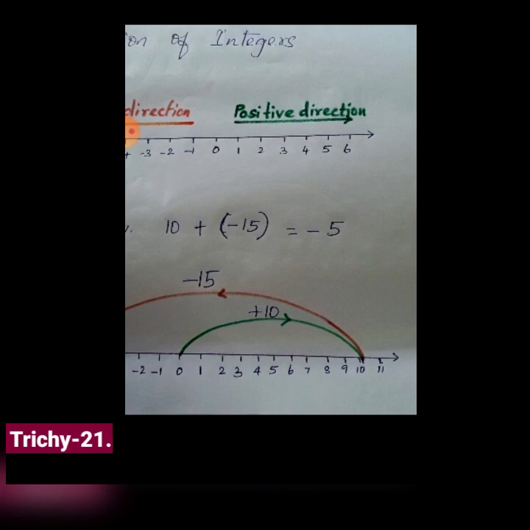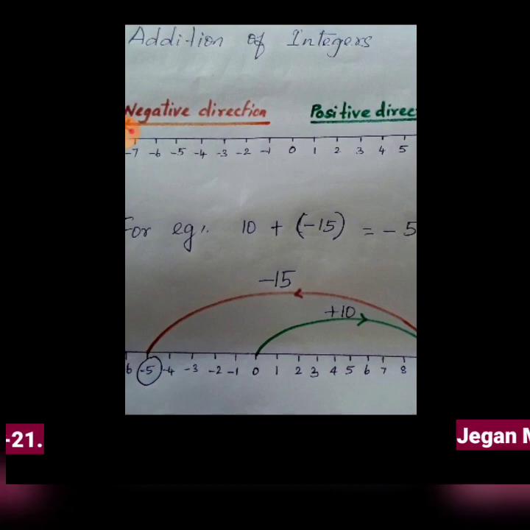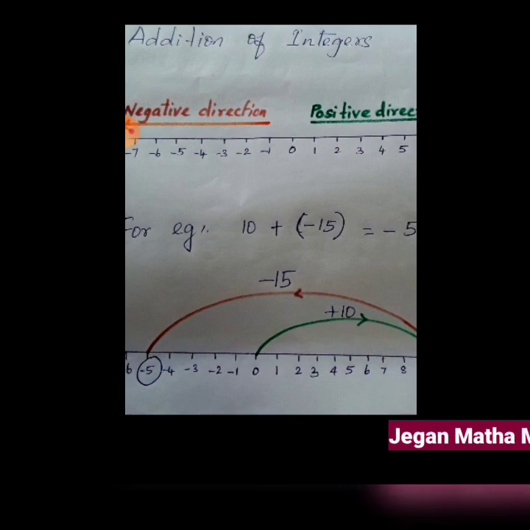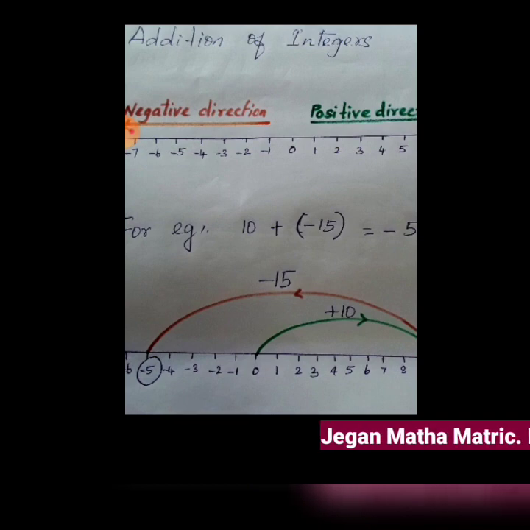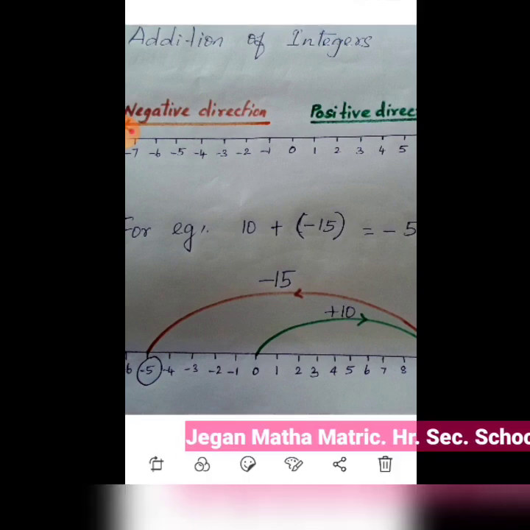Then we move 15 steps backward to represent minus 15 and reach minus 5. So, the answer is minus 5. Here, both the numbers have different signs, so the sum will be the difference between these two numbers. The difference between 10 and 15 is 5. 5 takes the greater number's sign. So, the actual answer is minus 5.